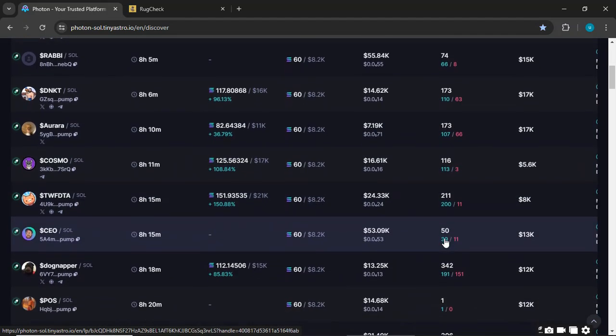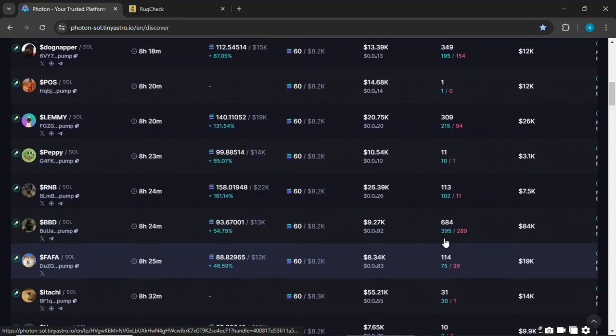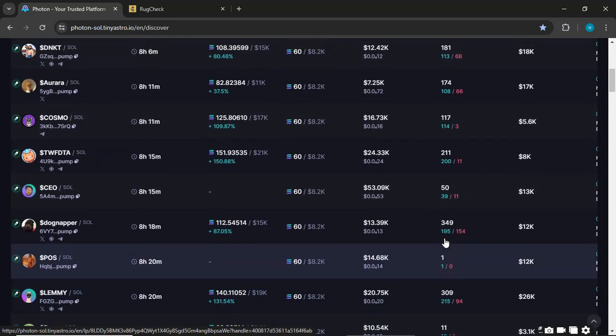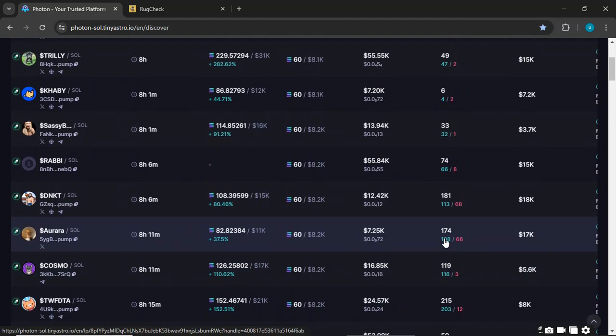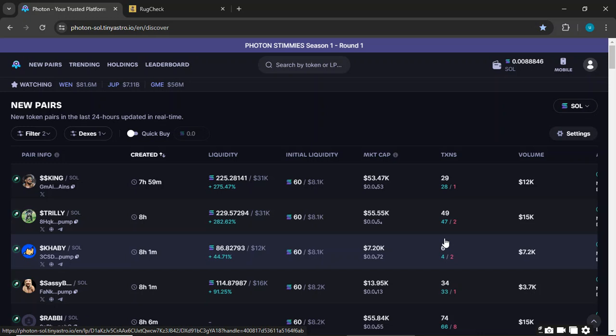Every day, new tokens and new projects are always coming on board. Any token you are seeing here has a very high tendency of rugging. A particular developer can make not just one token in a day, they can make more than 10, 20 tokens.